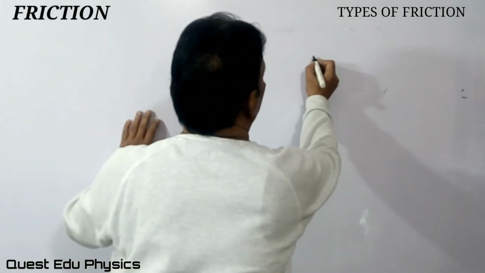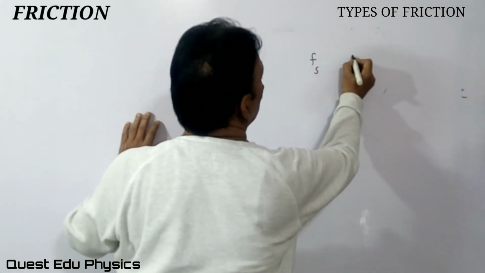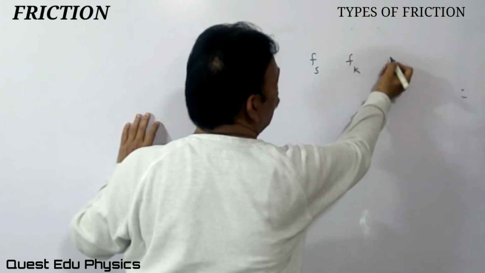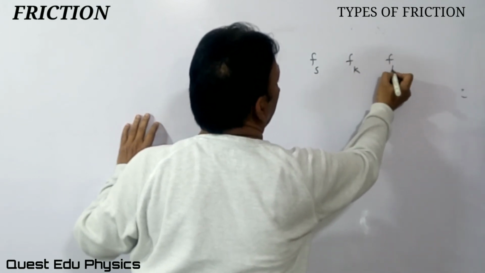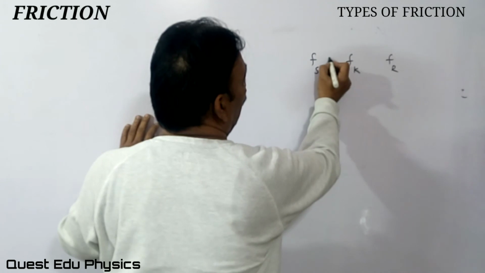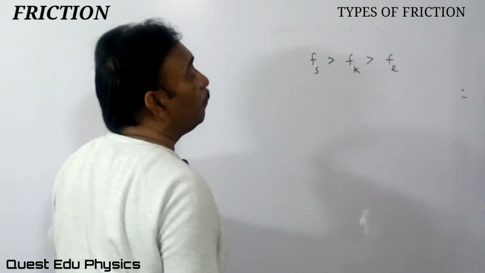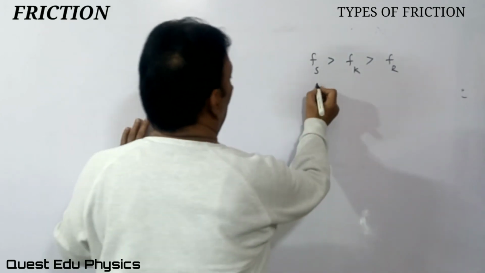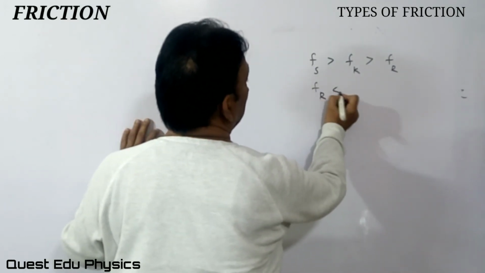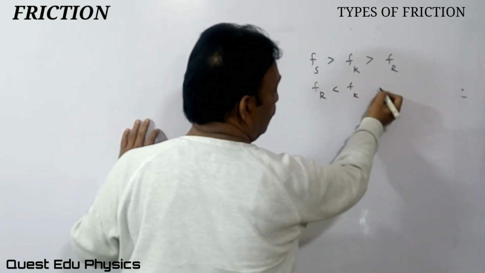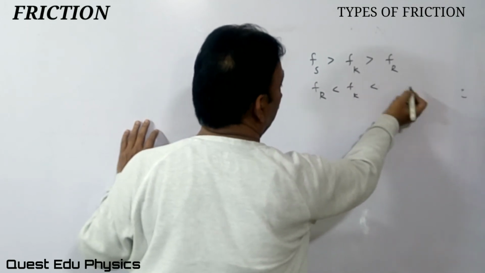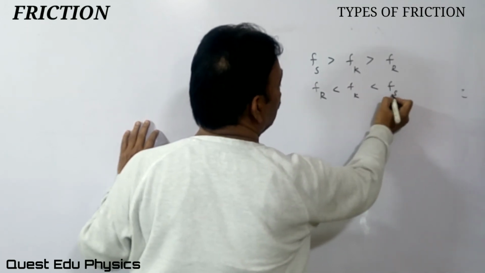Here it is a static frictional force, it is a kinetic frictional force, and it is the rolling friction. Fs is always greater than Fk and Fr, or you can write Fr is less than Fk, which is less than Fs.